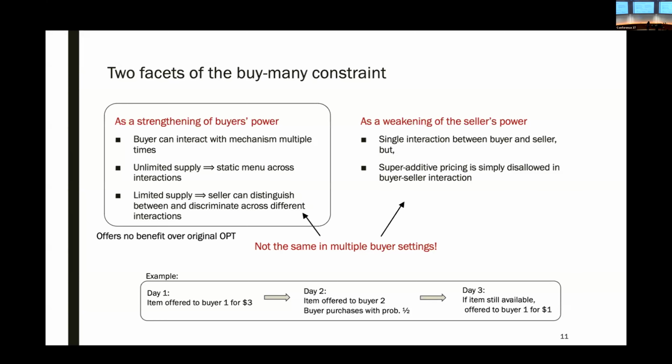Effectively, what this means is that this interpretation of allowing the buyer to interact with the menu multiple times provides us no strengthening in the multi-buyer setting over the original optimum.